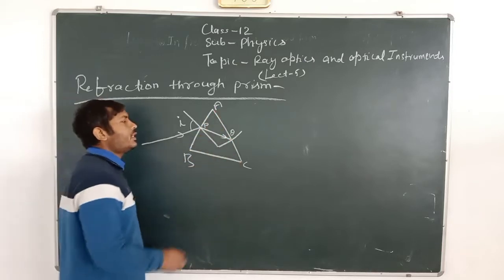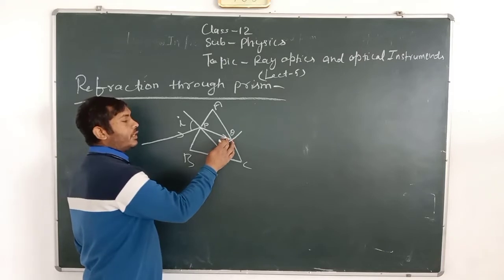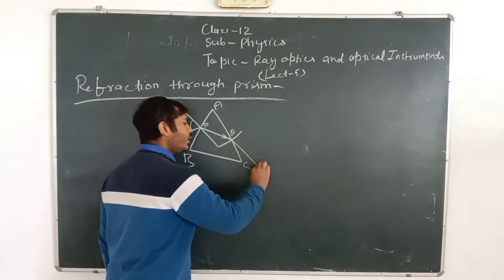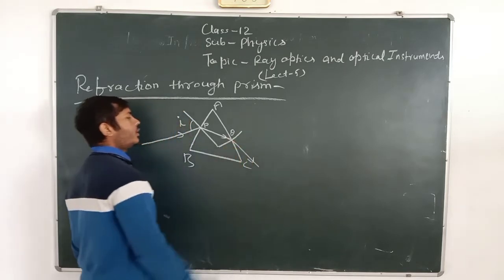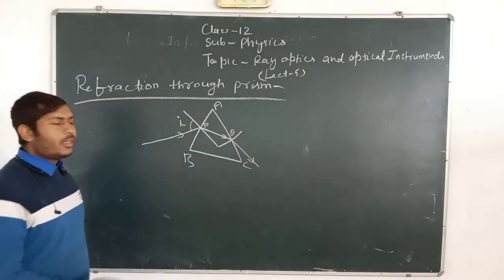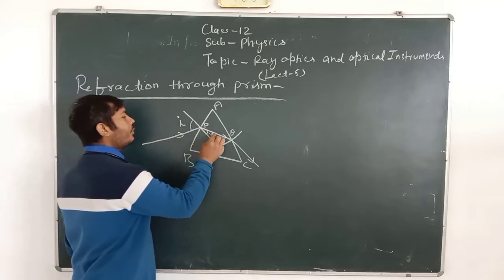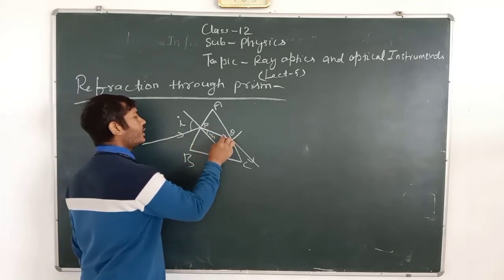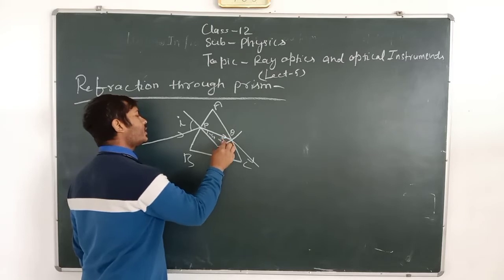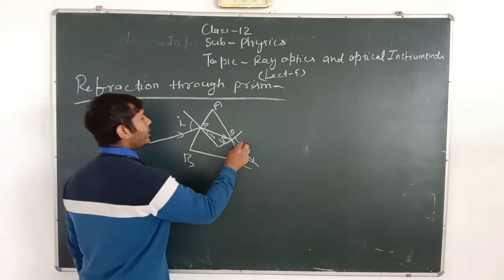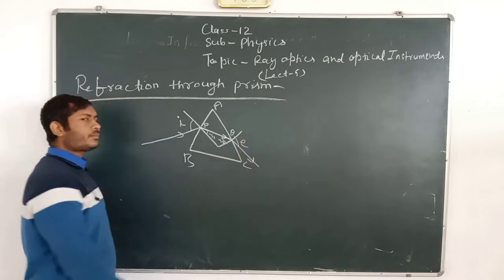Now, since in this case, this ray of light is coming from denser medium to rarer medium, so it will deviate away from the normal. Is it clear? It is angle of incidence I, and it is angle of refraction R1, and it is angle of incidence for this surface, let us say R2, and it is angle of emergence E.